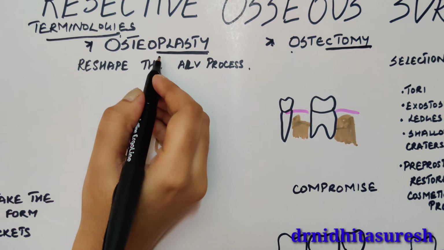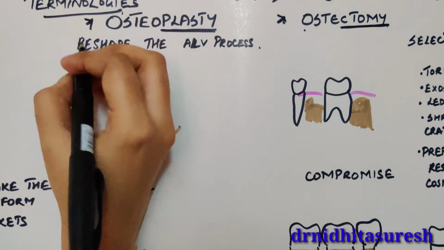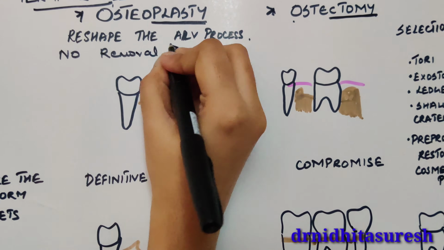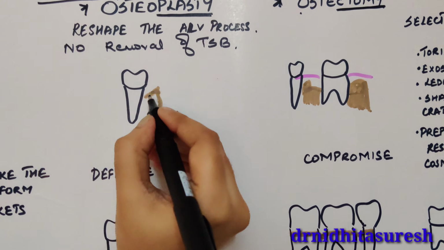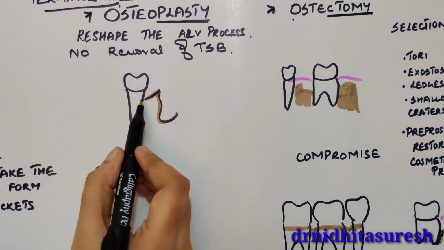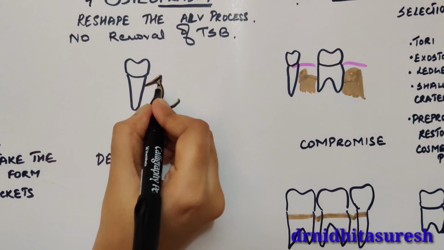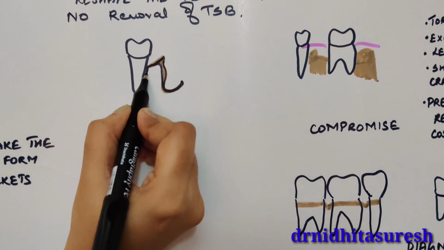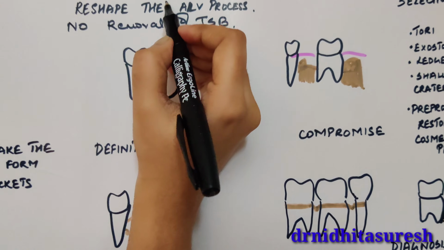In osteoplasty, we are trying to reshape the alveolar process, but you are not removing any tooth supporting bone. I'll come to it later. Here, imagine that there is a ledge. Now you are trying to reshape this alveolar process here, but you are not touching this tooth supporting bone. This is called osteoplasty.